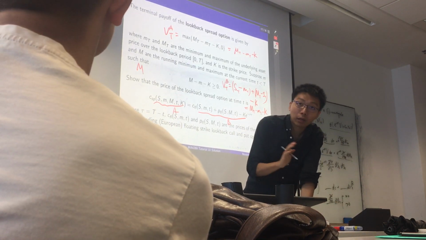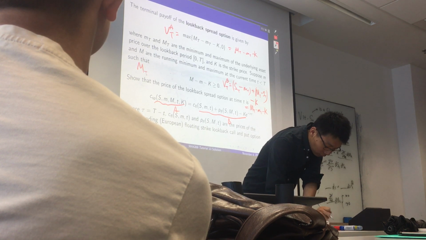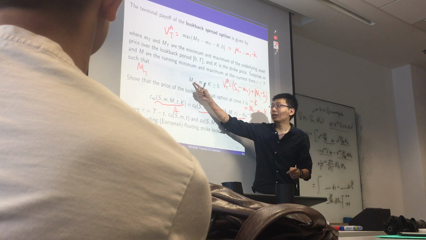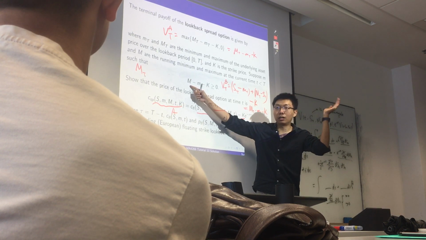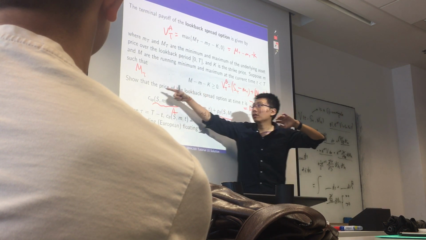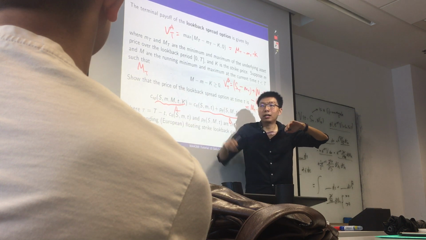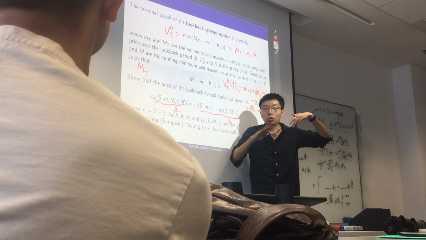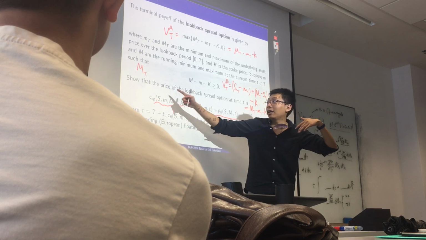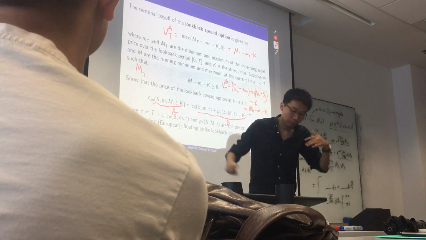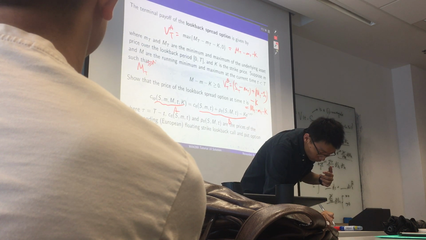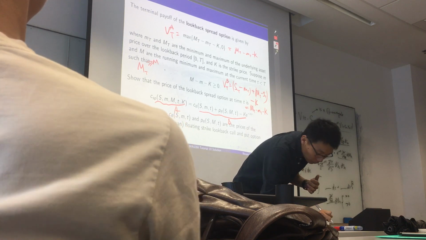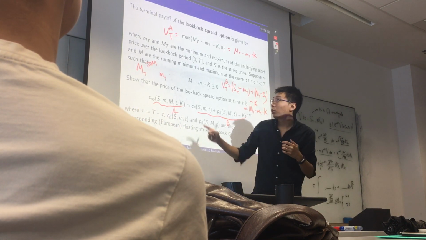So let's make some very simple comparison. This is the current maximum, the current highest level. In the future, when we look at the highest level of the stock price, it could be higher, but it cannot be less. So M_T will be larger than M. Also for small m_T, that's the worst price.